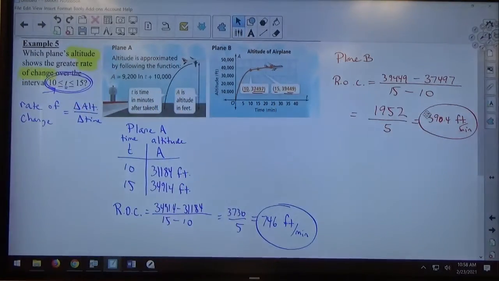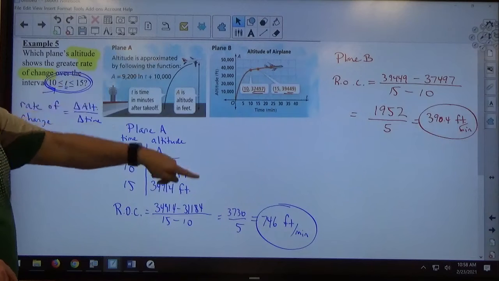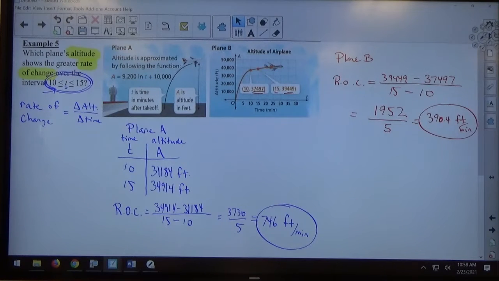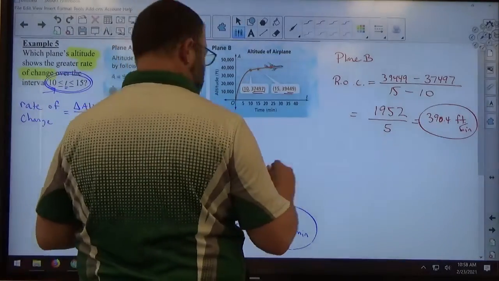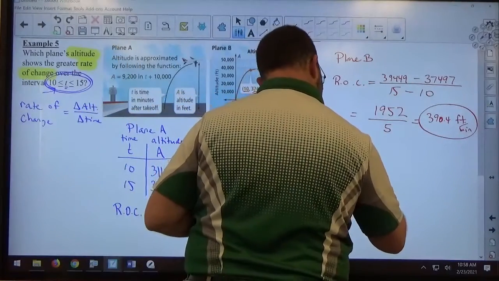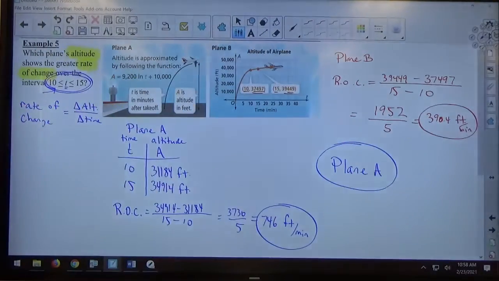Okay, so it says which plane's altitude shows the greater rate of change over the interval. The greater rate of change, of course, is plane A. 746 is bigger than 390. It's climbing more rapidly, basically. So the answer is plane A. The work is necessary to determine that answer.